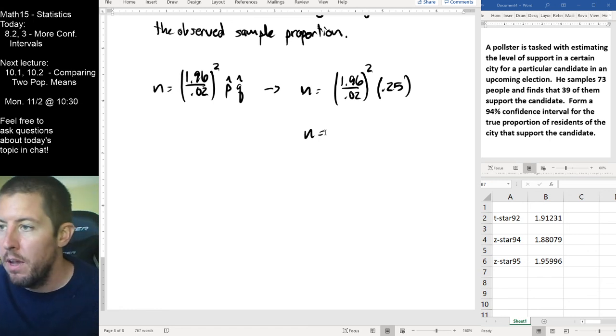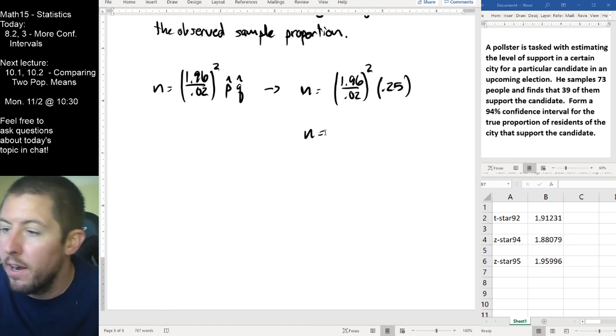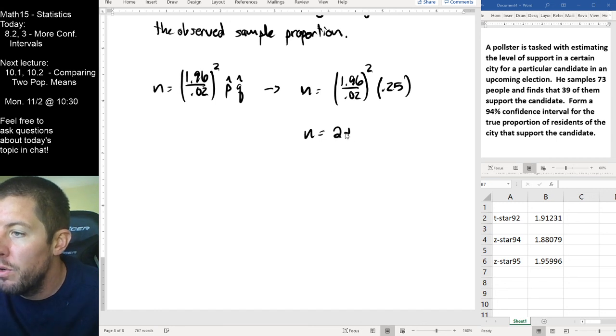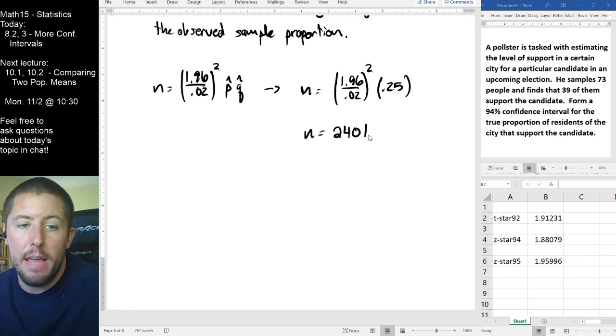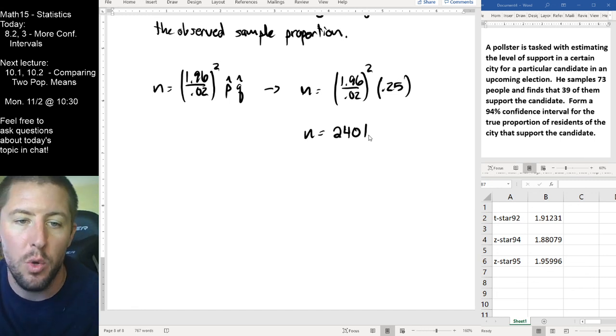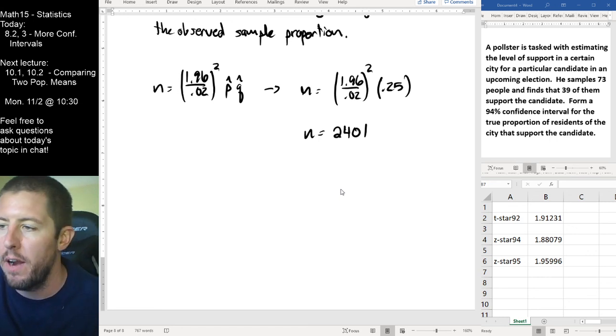And that's going to tell me, holy cow, I need a lot. That 2% margin of error is pretty small. I'm getting 2401 exactly. This says to me I need to sample 2,401 people if I want to be 95% confident with a 2% margin of error.